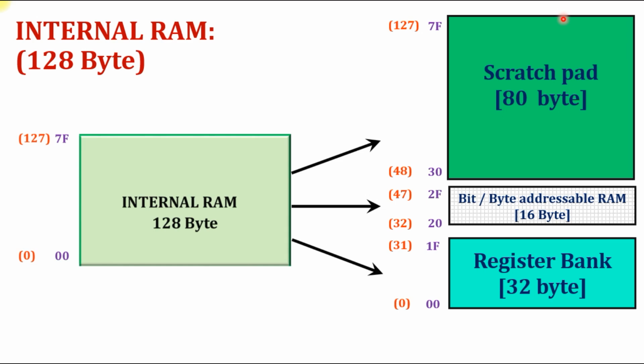So the ALU will do read and write operations. The actual space is 80 bytes in its own internal RAM. Within that space itself ALU can do read and write operations. Any type of temporary data can be stored in this memory space and it can be retrieved at any time by the ALU.